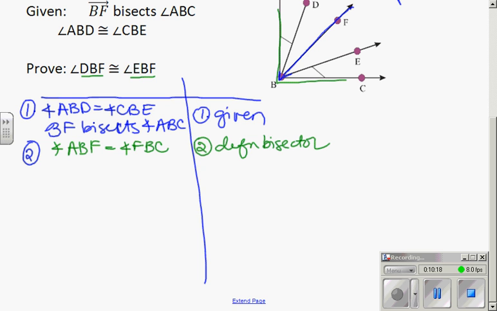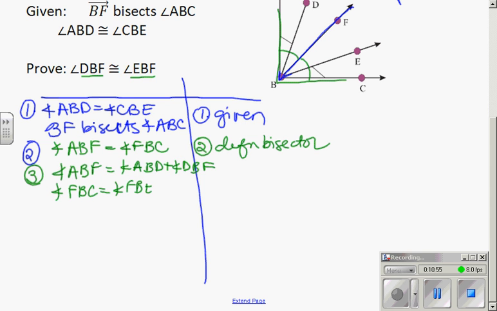Now I want to figure out how to get my prove pieces into my proof. That parts to whole theorem is a great way to do that because now I know these are equal. I can see that they are part of the two angles I just wrote about. So I'm going to write that angle ABF is equal to angle ABD plus angle DBF.